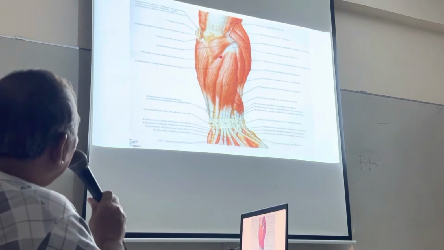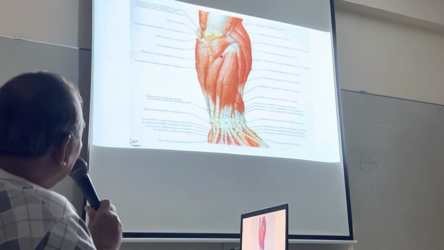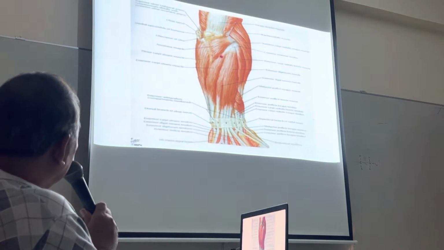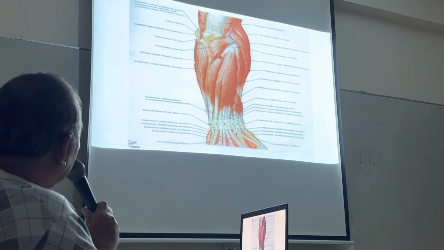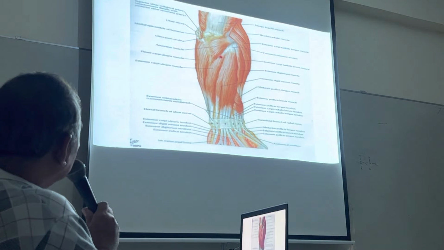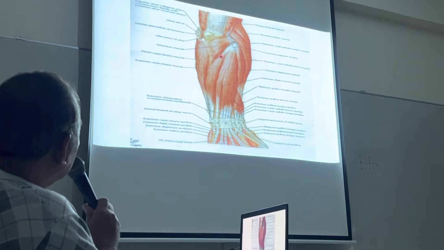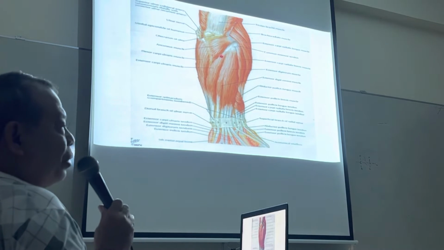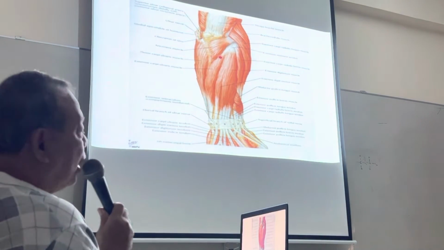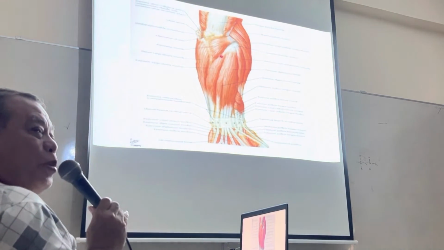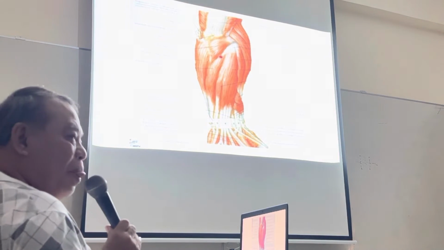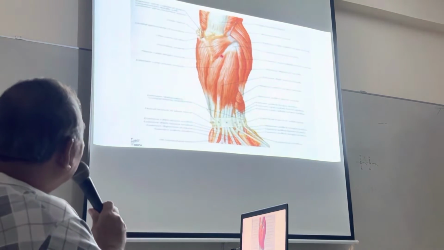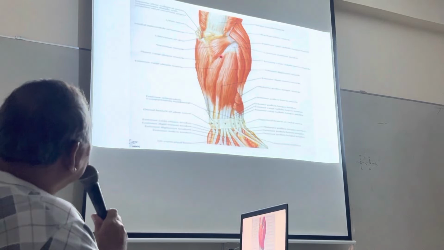Here I think the insertion is on the third metacarpal bone. So it will extend the wrist, and also adduct on the medial side. So it's easy, you don't have to memorize, you just analyze the term.